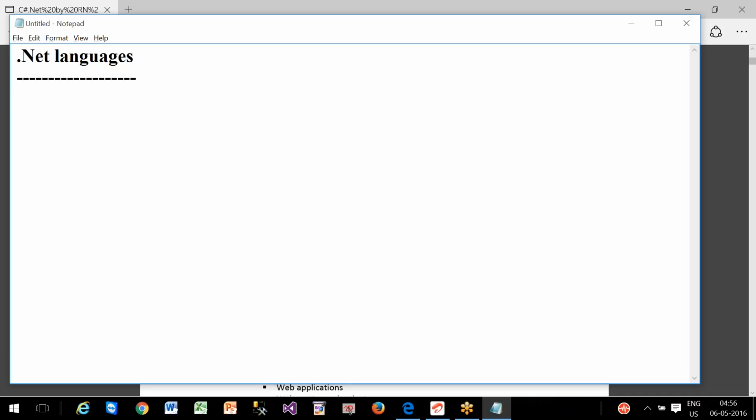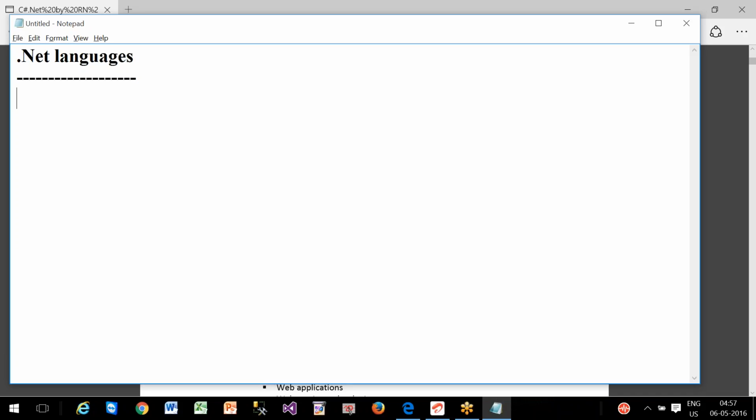.NET is a platform, as we have seen in the history of .NET. On that day, Microsoft made an announcement that .NET is going to support multiple programming languages. They implemented this same promise. When introducing this platform, they supported multiple languages.